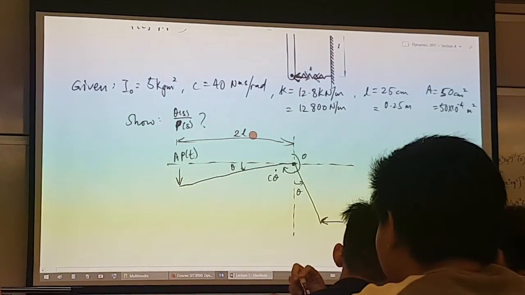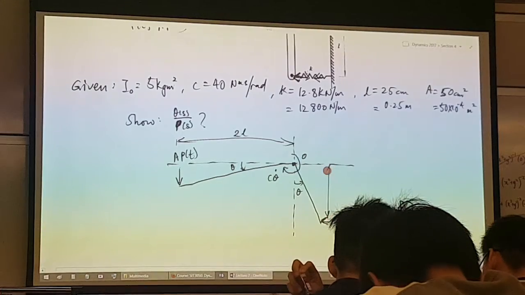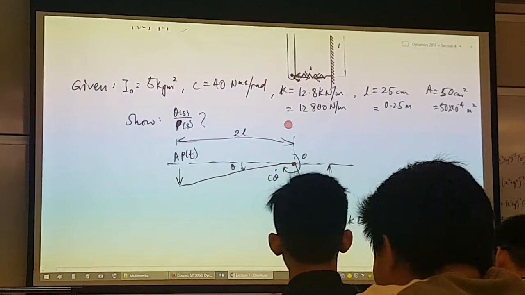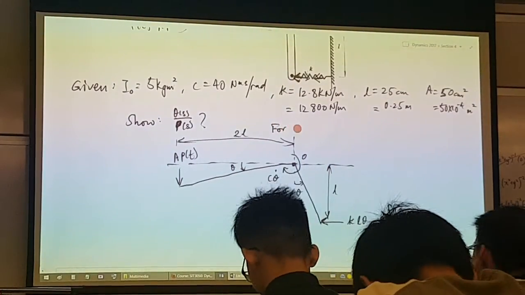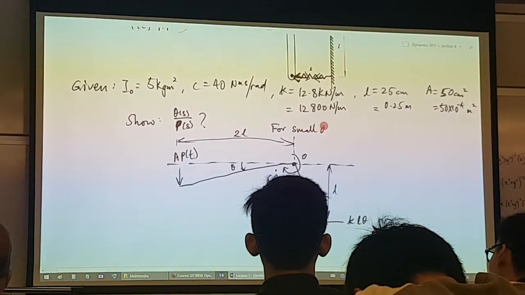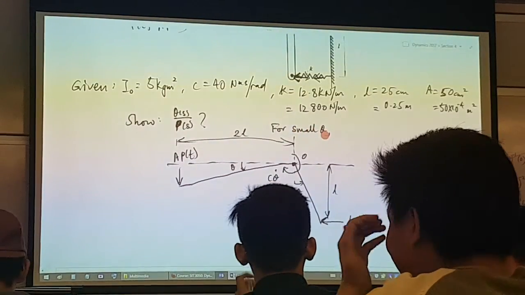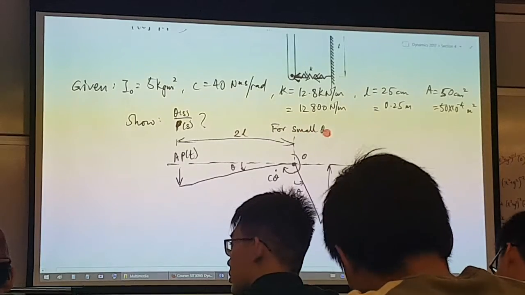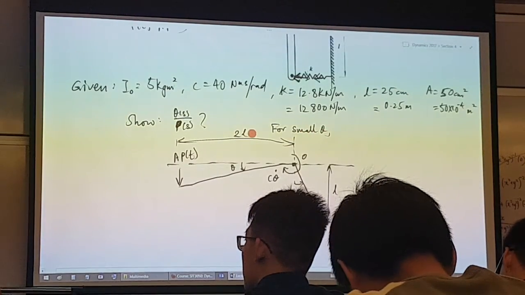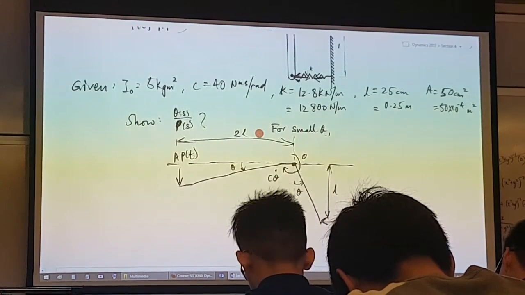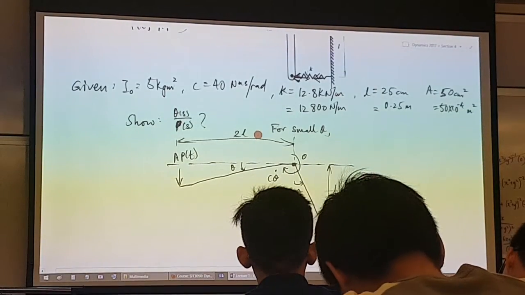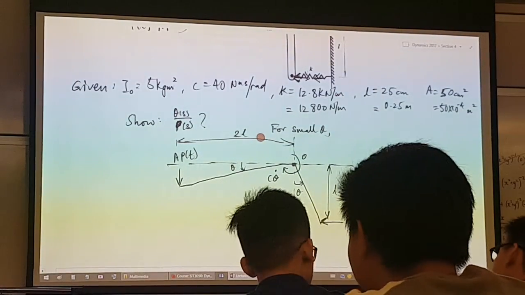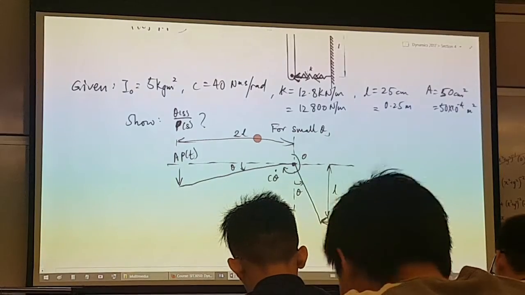This is 2L, and this is L. This is only true if you write small angle theta. If you didn't write this, then I expect to see cosine theta over here. If you don't write in that way, then you lose marks.